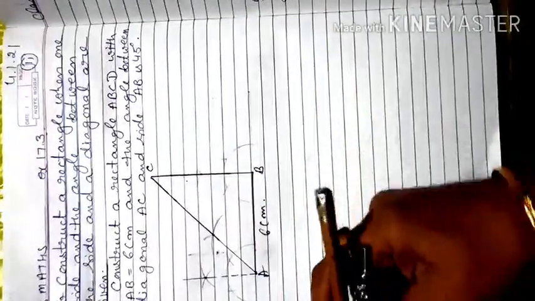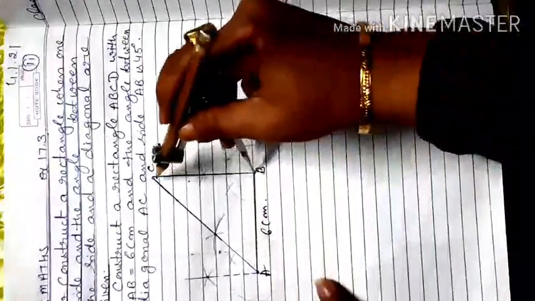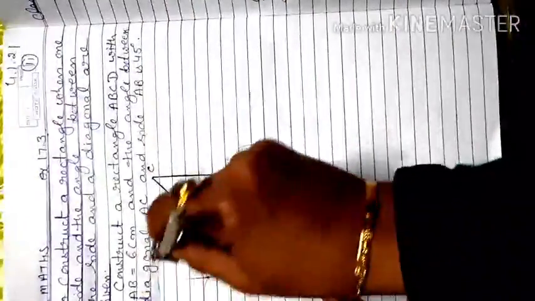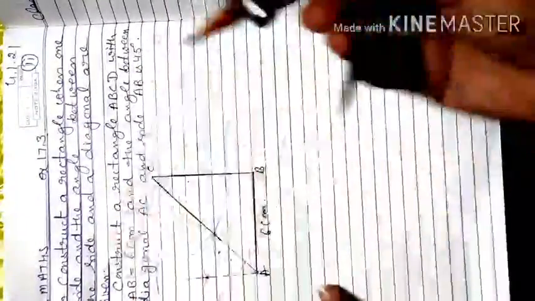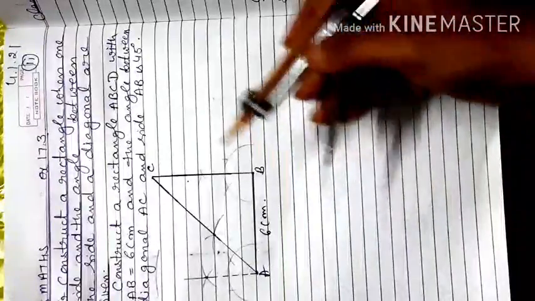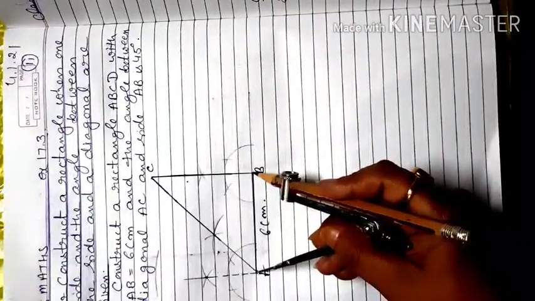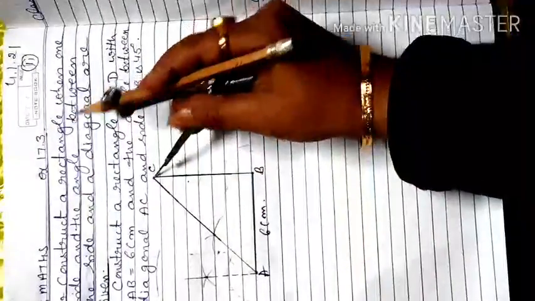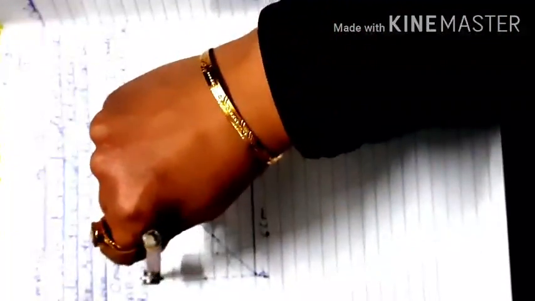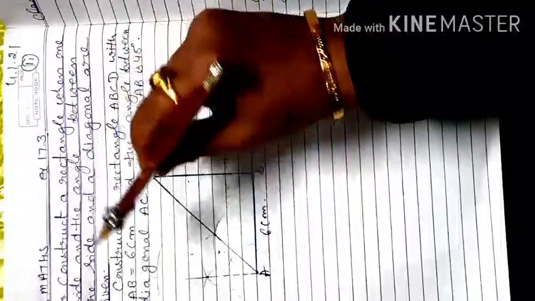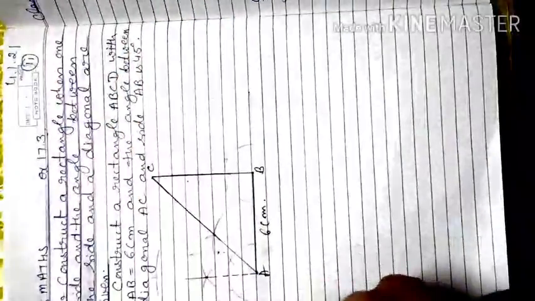So you open BC here, consider A as center, and mark the arc at the same distance as BC. Now measure AB here and cut this arc at this point. So this is my D point.